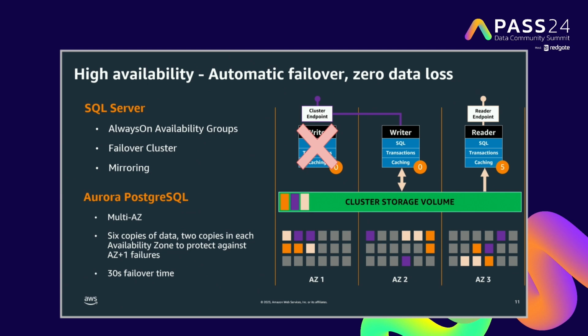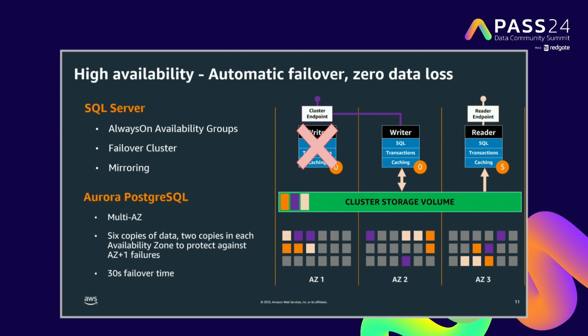That's another difference, because in SQL Server you had to configure a reader, and you had to set up Always On or some kind of replication to synchronize the data from primary to reader. But Aurora is a shared storage. That means all writers and readers share the same storage.